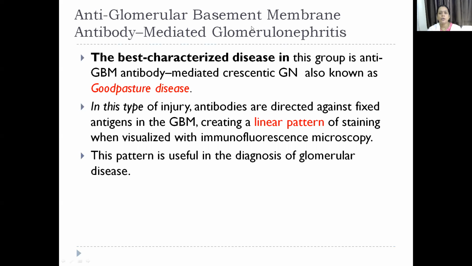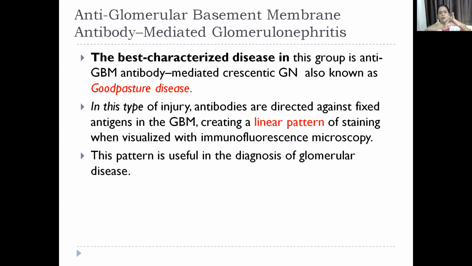Now, anti-glomerular basement membrane antibody mediated glomerulonephritis is where the basement membrane is identified as an antigen, and the antibody comes and reacts to the basement membrane antigen, usually the non-collagenous domain 1.